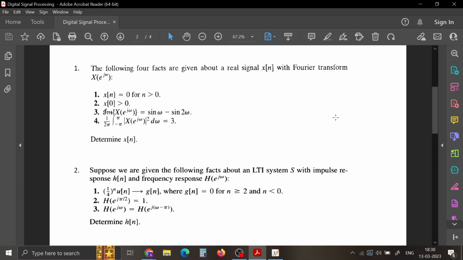And finally, we ended the discussion with a note on the response to suddenly applied inputs. Okay, so these problems are related to these concepts only.